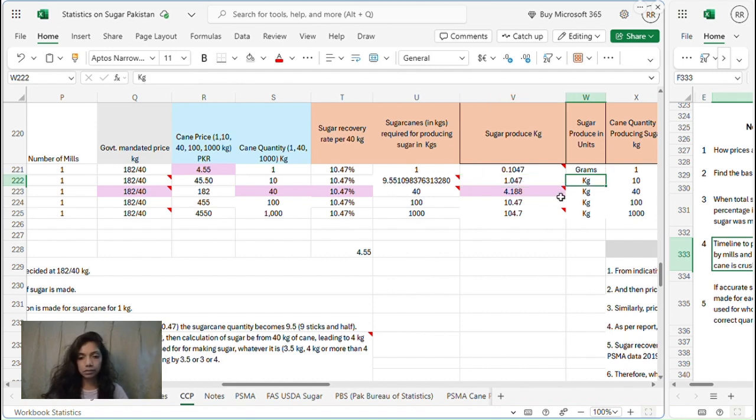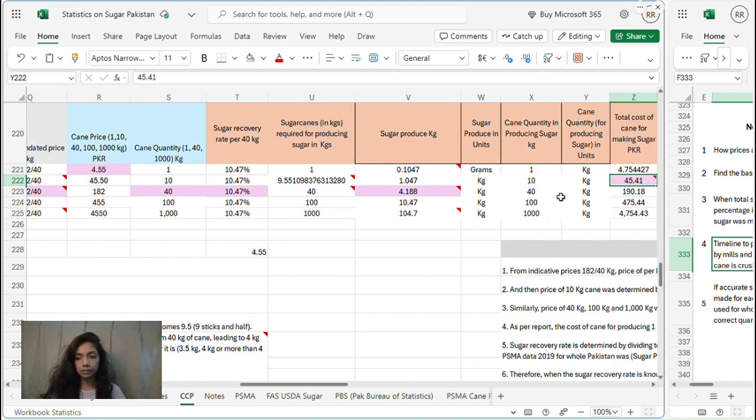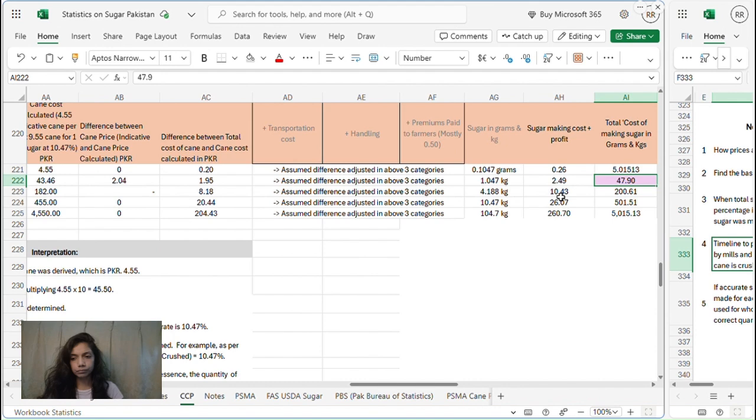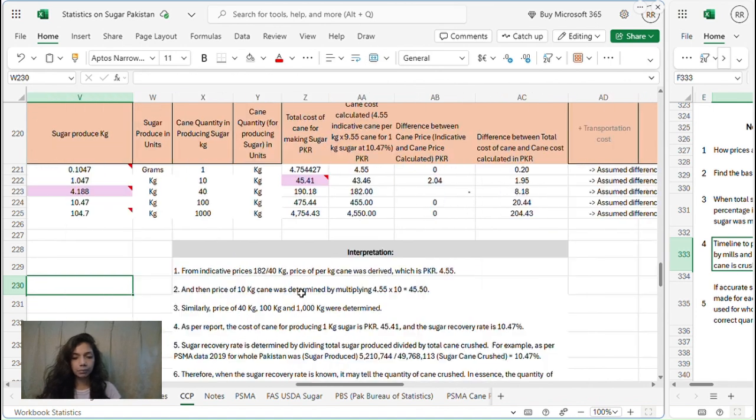The insights we took from here were the quantities of sugar made, the prices of cane, the differences in the total cost of making per kg sugar from the total quantity of sugarcane, the cost of making sugar, the taxes applied, and then the final price of that per kg quantity of sugar.